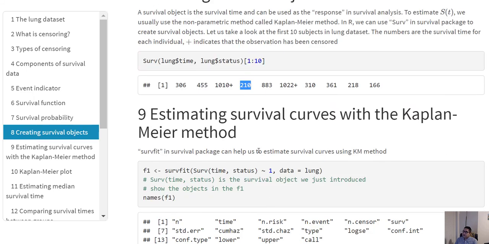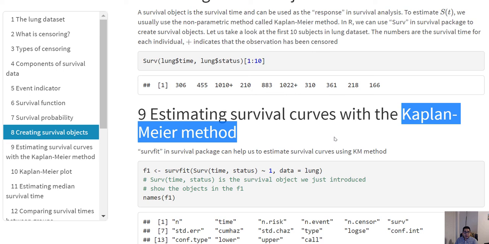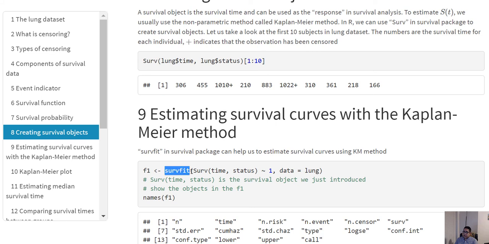If we want to estimate the survival probabilities, the best way to do it is to use the Kaplan-Meier method, and we can plot them using the Kaplan-Meier curve. To estimate the Kaplan-Meier estimates, first we can use the survfit function on top of the Surv time and status that we have just created, and we use a tilde 1 to mean that there are not going to be any strata or any other covariates in here.